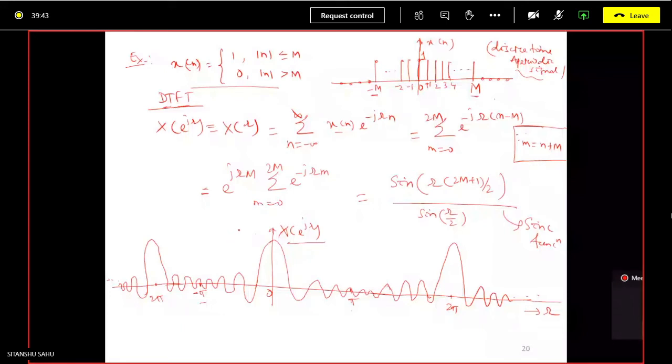This is what we call the DTFT, the discrete time Fourier transform. From this we can find its magnitude spectrum and phase spectrum, both of which are different, by looking at the spectrum itself. Okay, is it clear?